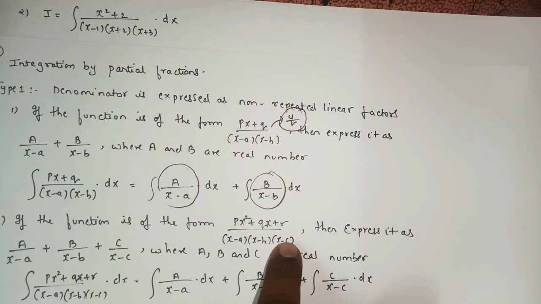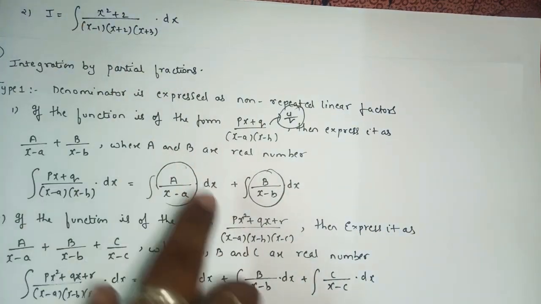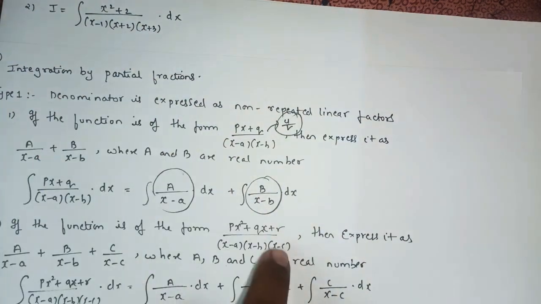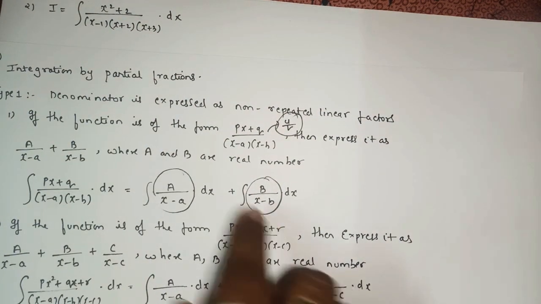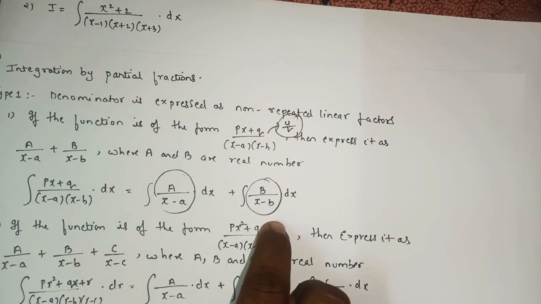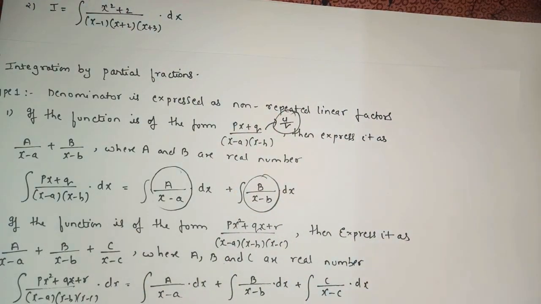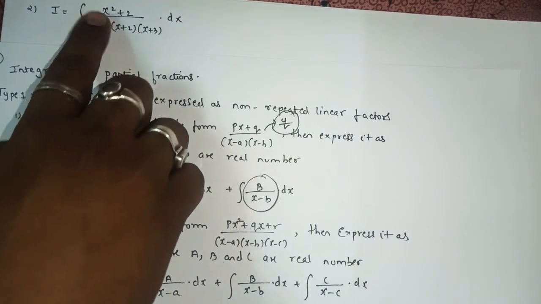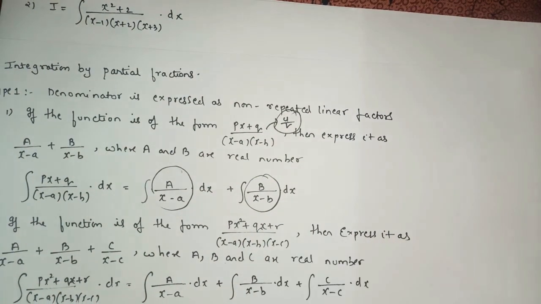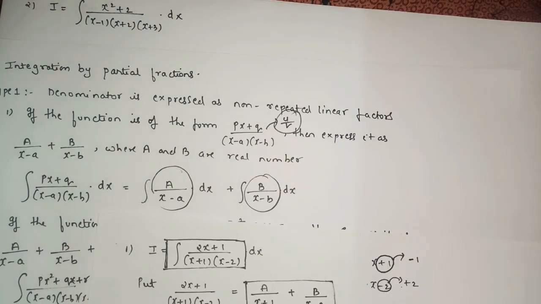And the denominator has non-repeated linear factors, as clearly we can see that it is in the form of x minus a, x minus b and x minus c. And the numerator is clearly a quadratic. Even if the middle term is absent, it is quadratic because here the power of the variable is 2.